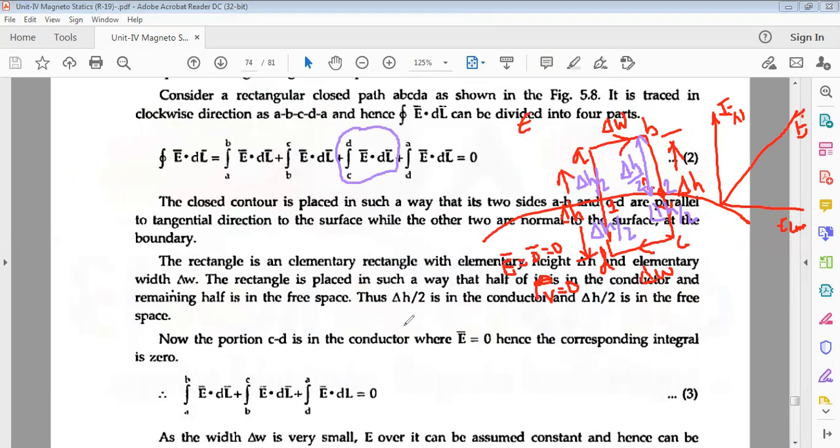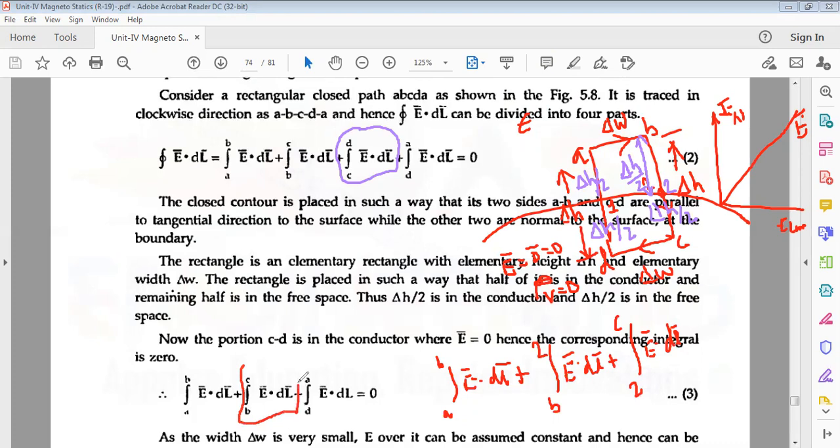Okay, so the third integral is 0. The integral can be modified: the first one is A to B, E bar dot DL bar, and the second integral B to C, so I am writing that B to 2 E bar dot DL bar plus 2 to C E bar dot DL bar.